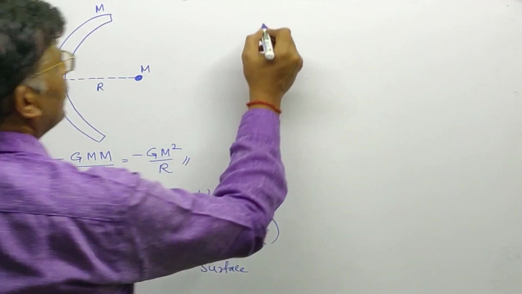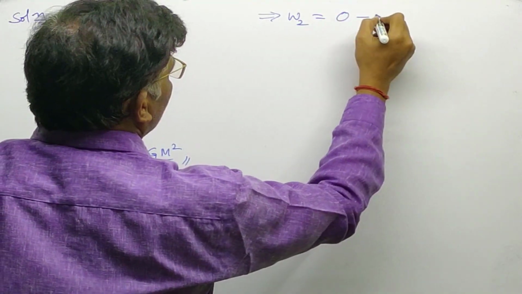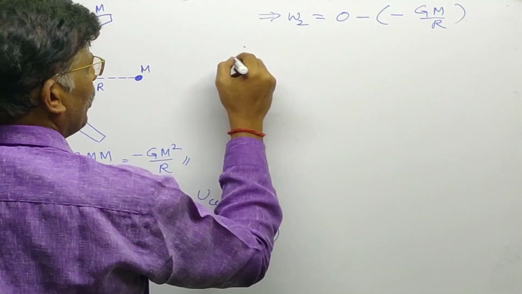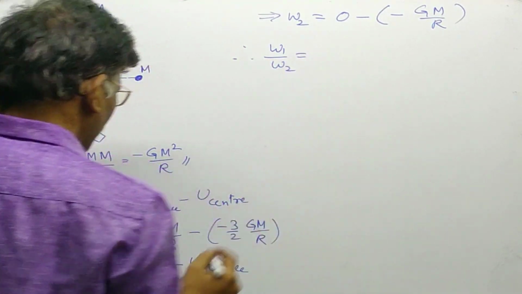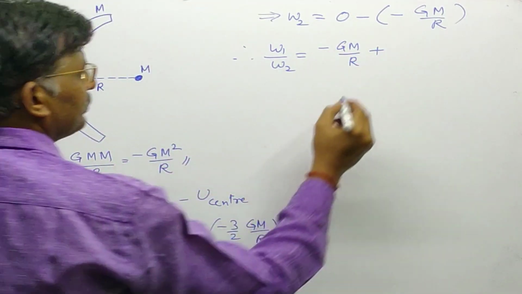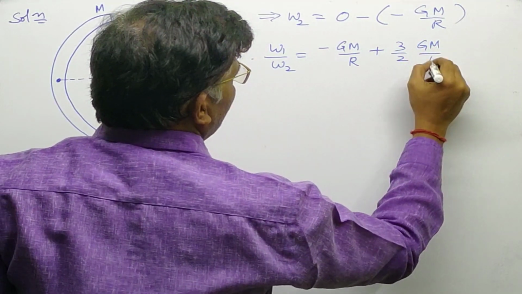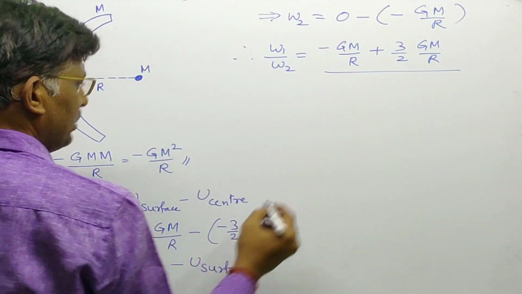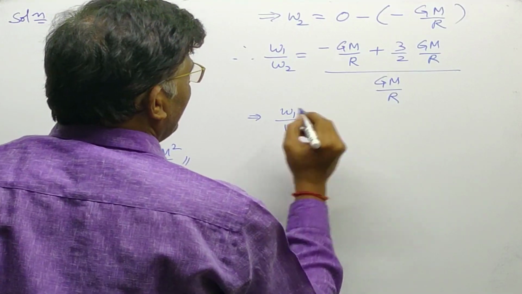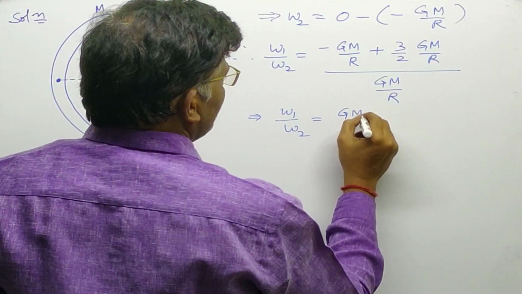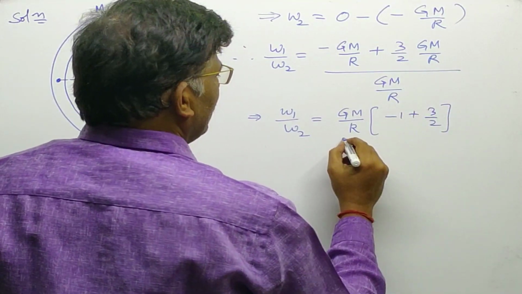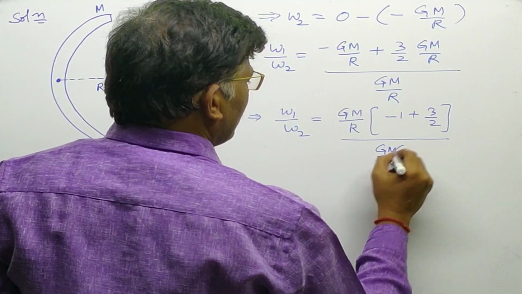U infinity is 0, so W2 is equal to 0 minus of minus Gm divided by R. Therefore, W1 divided by W2 is equal to minus Gm by R plus 3 by 2 Gm by R, whole divided by Gm by R. Taking Gm by R common in the numerator, minus 1 plus 3 by 2, divided by Gm by R. Gm by R cancels.